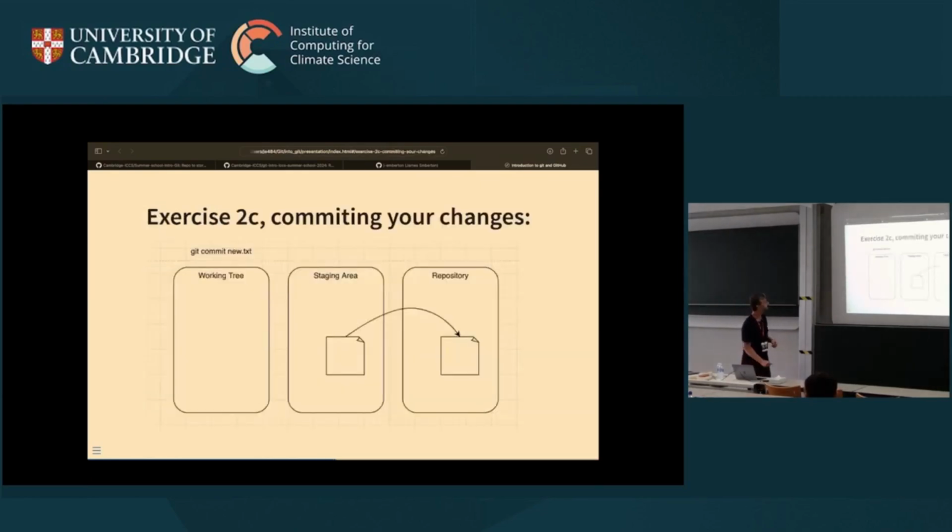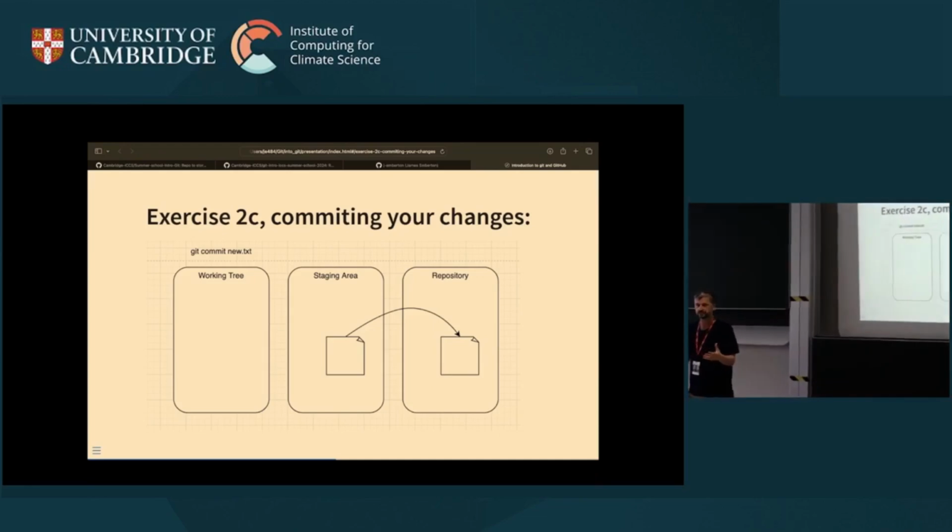Okay, and so we'll move on to the actual process of committing. So committing, as we mentioned before, is taking your work from the staging area and making a formal save. It's creating a save point for your work at that point.